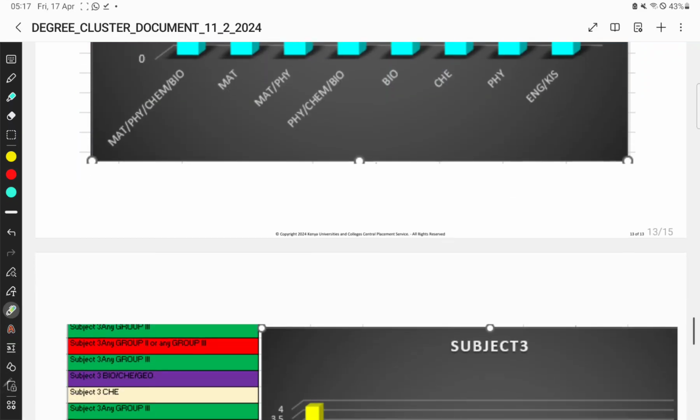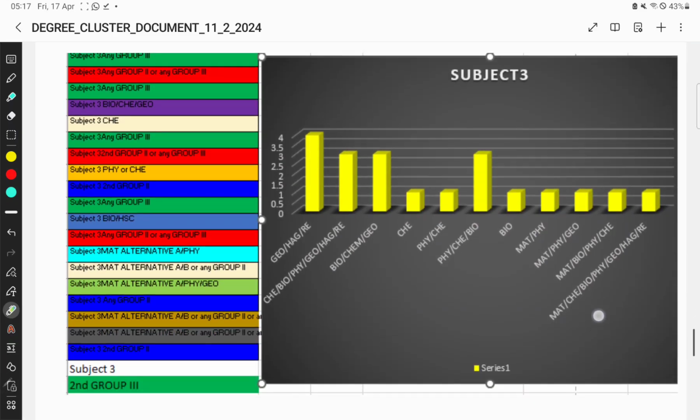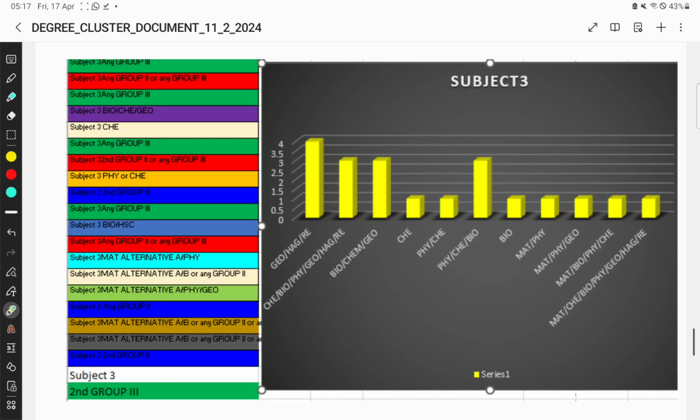So the third cluster subjects, we have geography, history and government, and religious education taking the lead into 4 different clusters. Then we have a combination of group 2 and group 3. That is chemistry, biology, physics, history and government, geography and religious education.